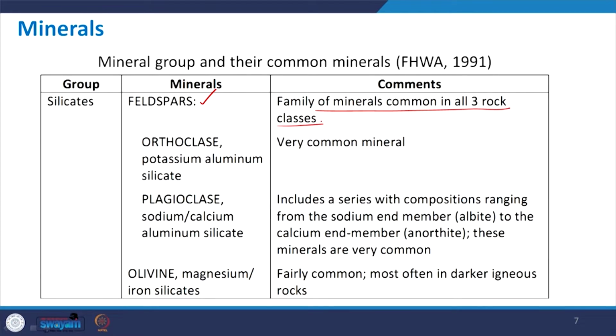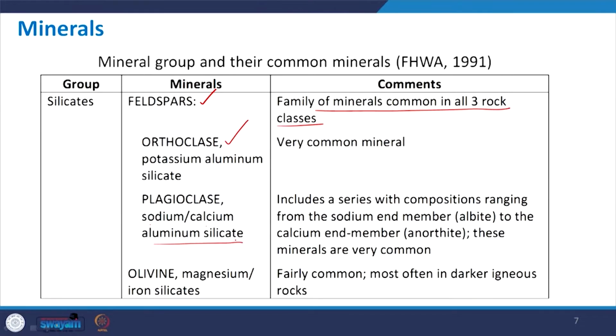And in feldspars, there are further two categories. One is orthoclase, which is potassium aluminum silicate, a very common mineral. The next one is plagioclase, that is sodium calcium aluminum silicate. So you see here it was potassium, and in this case it is sodium or calcium.